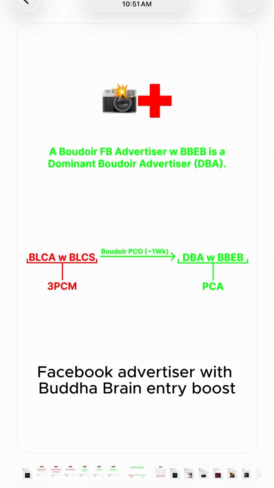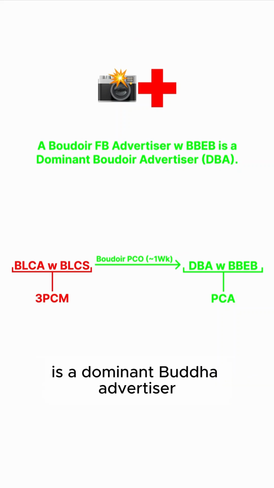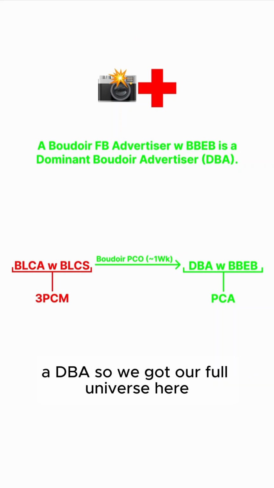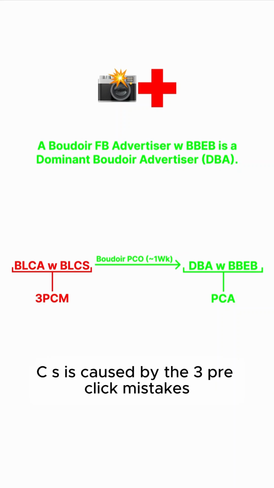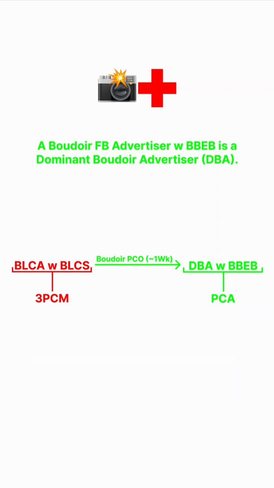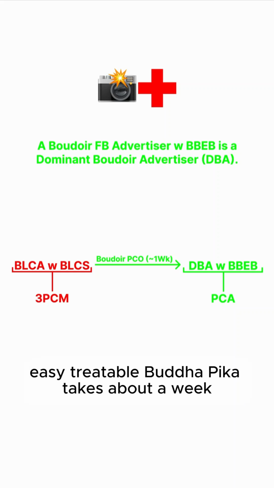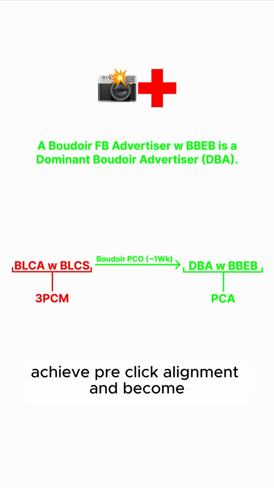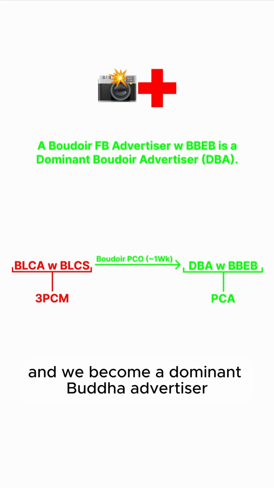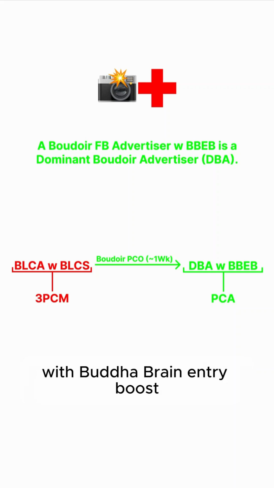And a Boudoir Facebook advertiser with Boudoir brain entry boost is a dominant Boudoir advertiser, a DBA. So we've got our full universe here. A BLCA with BLCS is caused by the 3 pre-click mistakes. It's easy, treated with Boudoir Pico, takes about a week. Achieve pre-click alignment and we become a dominant Boudoir advertiser with Boudoir brain entry boost. That is this universe.